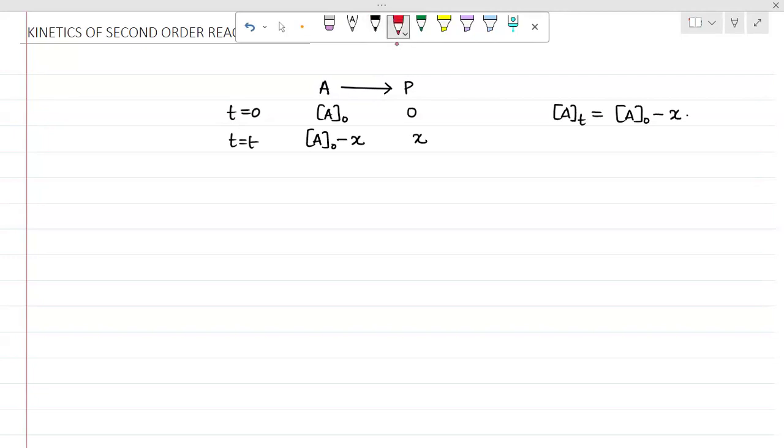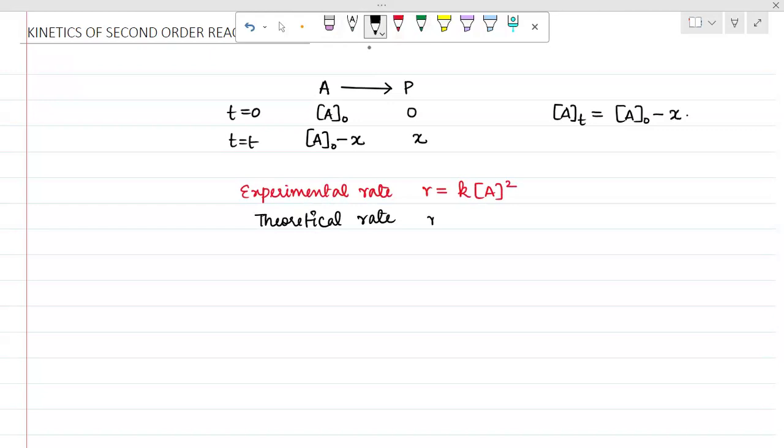the experimental rate R is going to be equal to the rate constant times the concentration of A to the power 2. While by just looking at the reaction, you can write the expression of the theoretical rate as well.